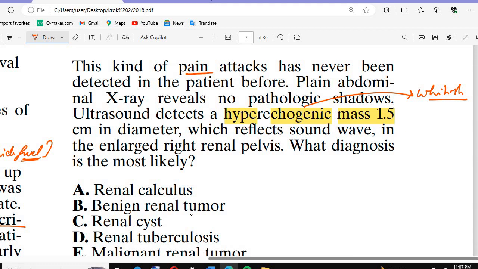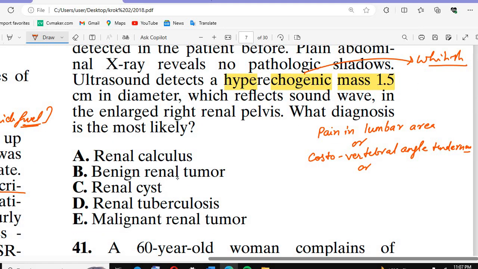If you see there is a pain in the lumbar area, we call this lumbalgia, along with costovertebral angle tenderness.